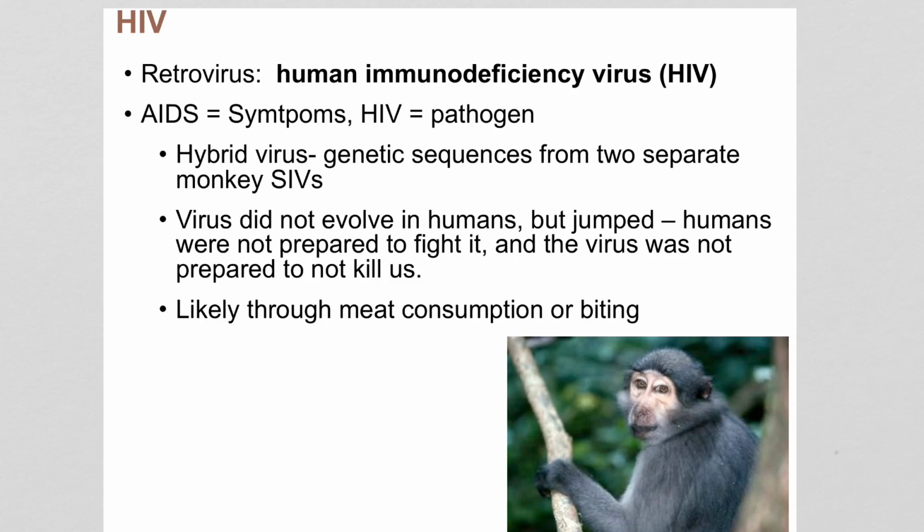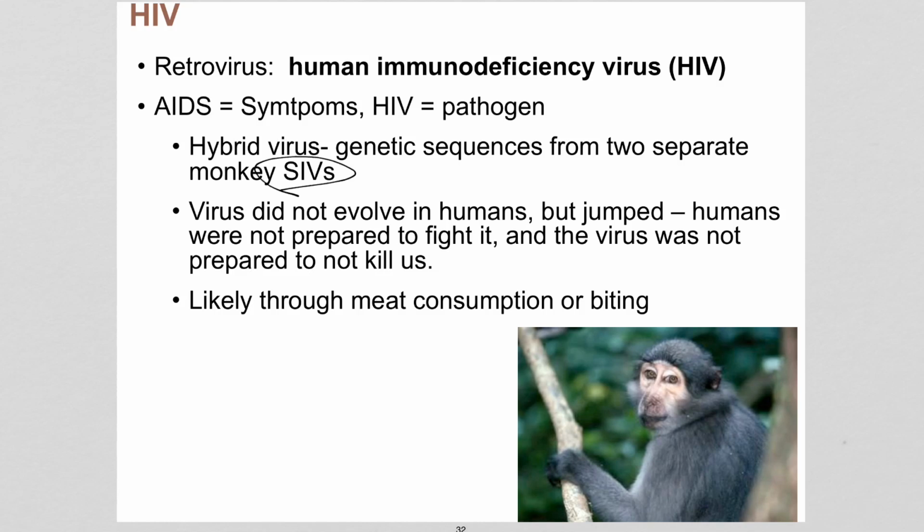It is essentially a hybrid virus with chunks of sequence from two different simian immunodeficiency viruses. That's referring to viruses originating from a monkey. And the transfer to humans happened really only in the last 50 years.